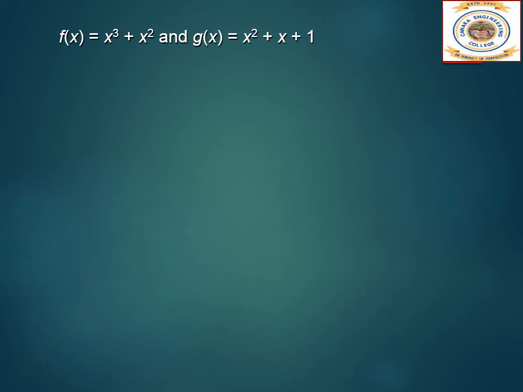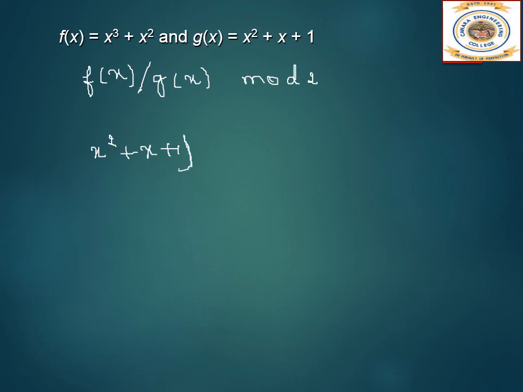So now let us perform division also for the same example. We have to do f(x) by g(x). Here again the important thing is that this is over mod 2. So g(x) is x square plus x plus 1. Here I will write x cube plus x square. I need to get x cube, so I have to take x over here.